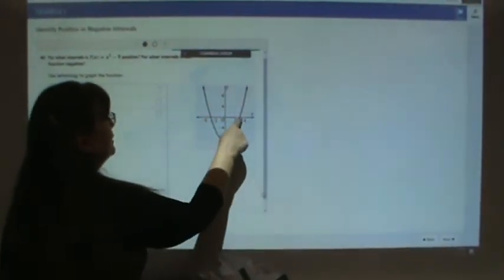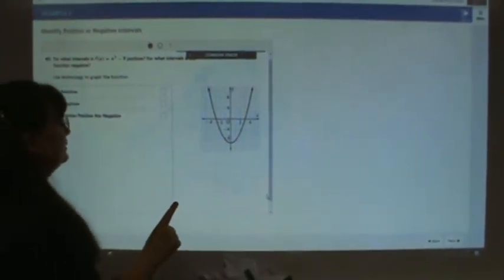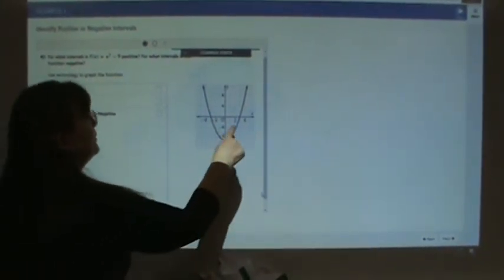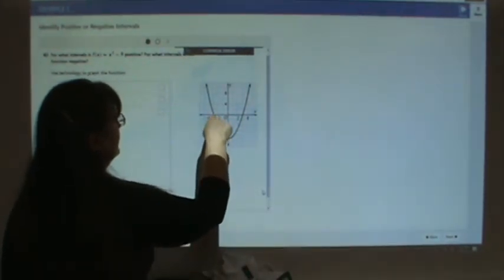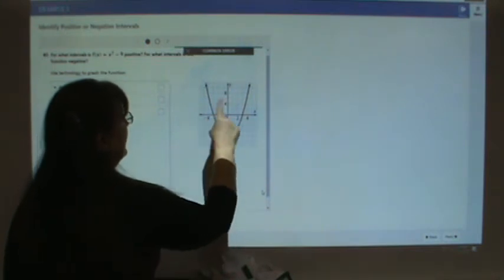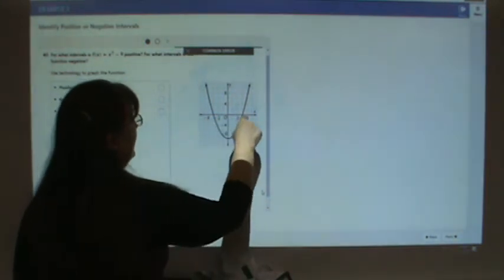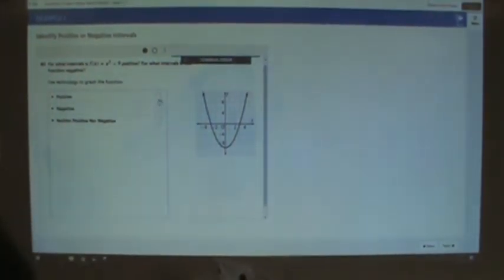It does not include the intercepts. So this one right here would go from negative infinity to negative 3. And then this would be 3 to positive infinity. So go ahead and click on here, I think.